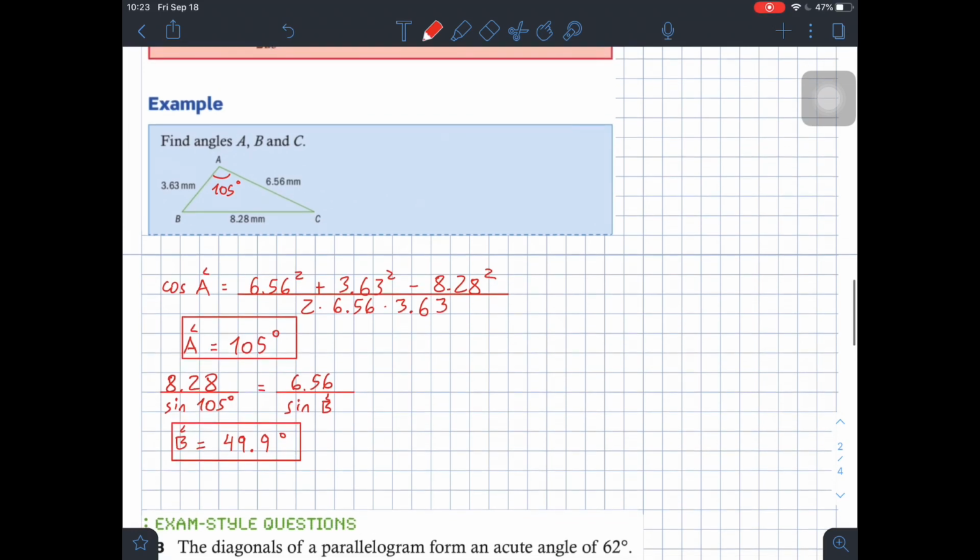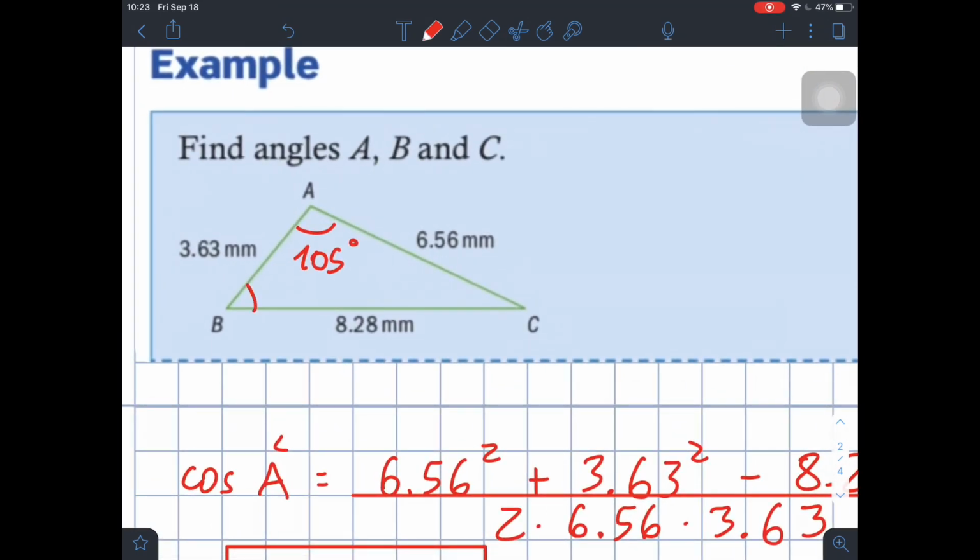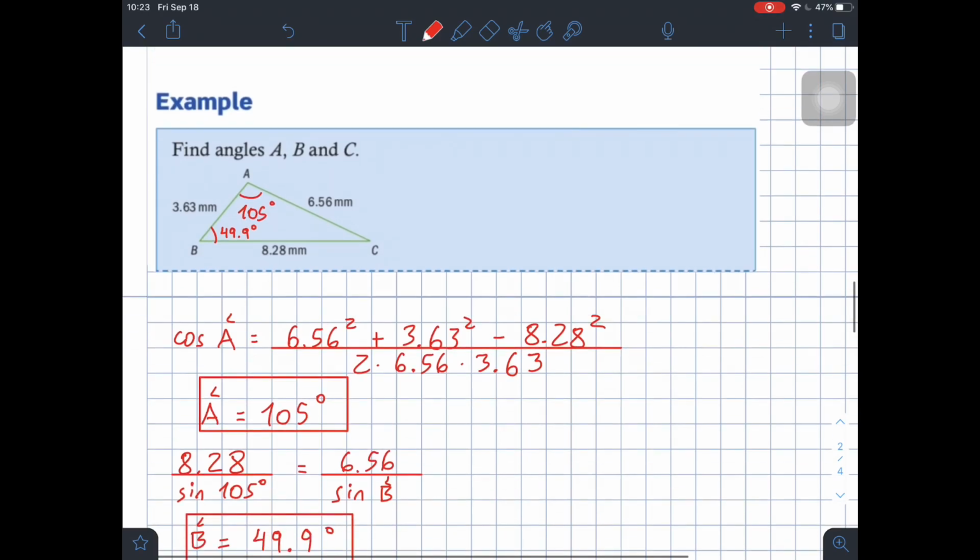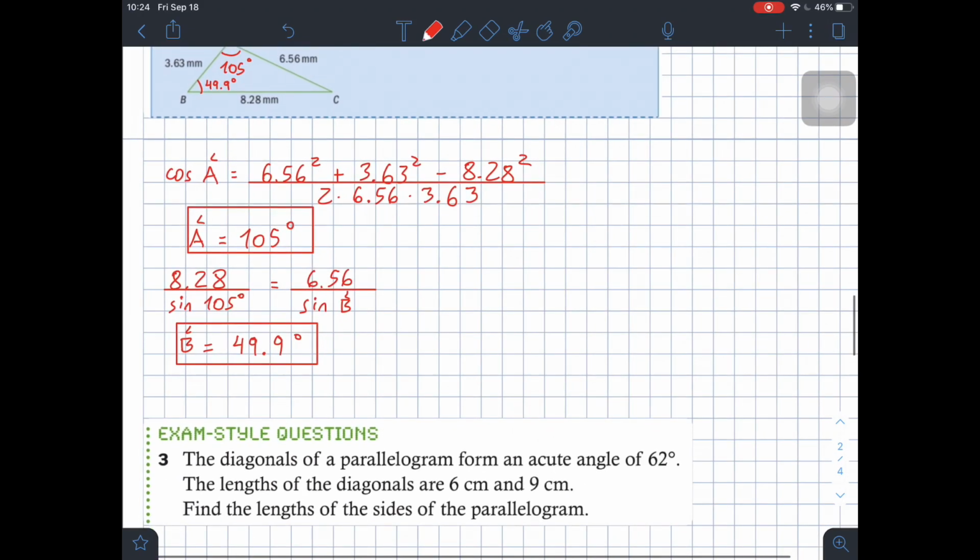So we already have angle B, which is 49.9 degrees. And now we're missing angle C. The easiest way to find angle C is just finding the angle necessary to complete 180 degrees, right? So we're going to do that.